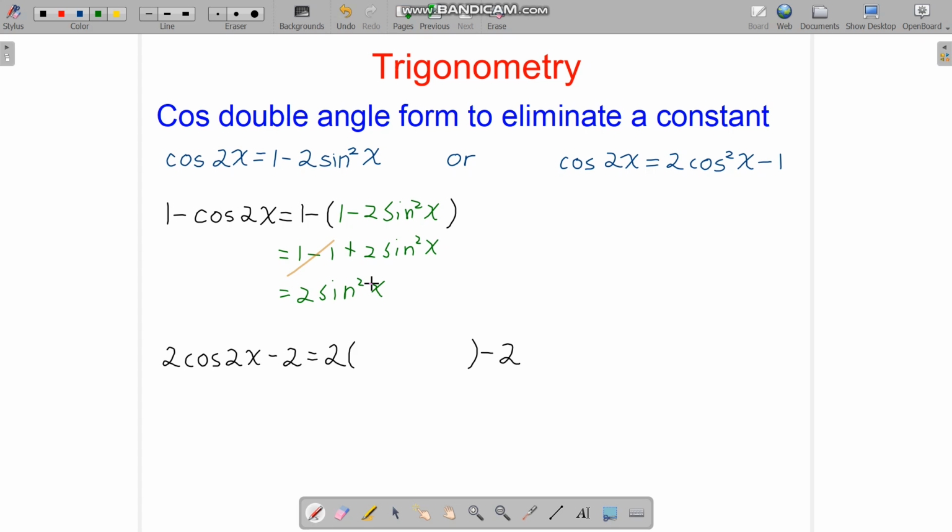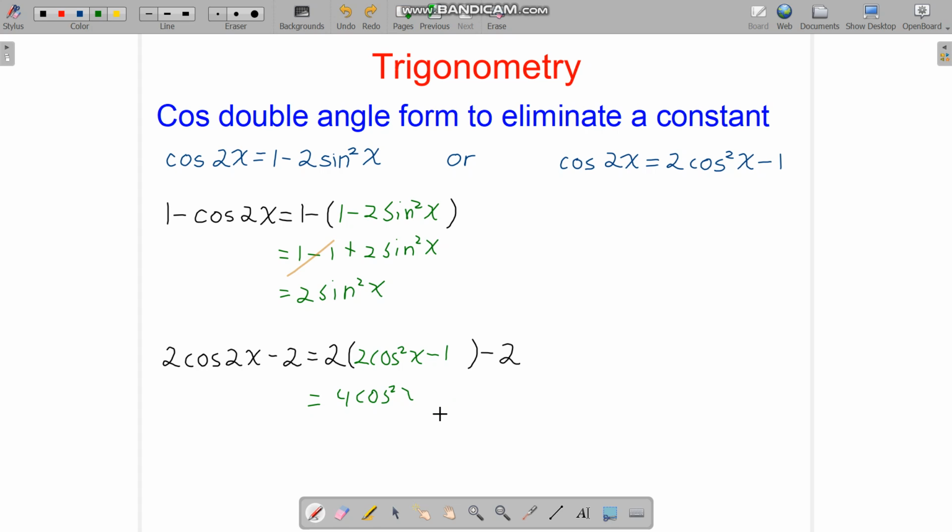Same thing here, we have minus 2. We can get rid of this using a positive 2, so we can get it from here. So we have 2 cos squared x minus 1, and after we multiply everything we get 4 cos squared x minus 2.